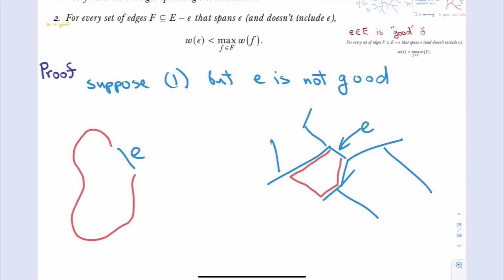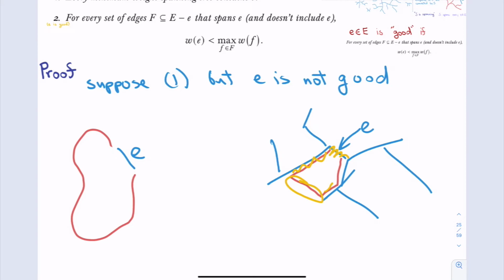Now, if I look at the tree, where on one hand I first delete E, that splits my blue tree into two components. Now it's just a forest. But my red path starts at opposite endpoints of E and connects them. So I know that at some point, if I follow this path, I will have to cross over from one component to the next.